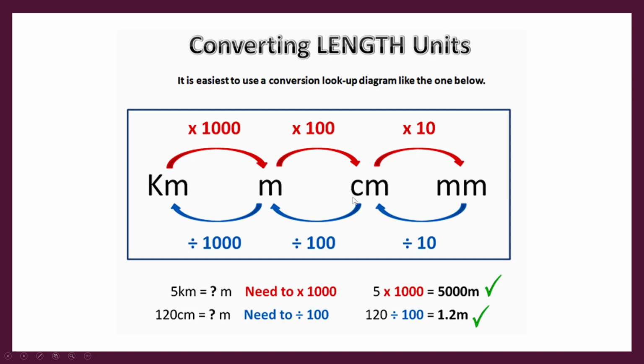If you want to get the number of millimeters in a centimeter, multiply the centimeters by 10. If you want to convert the other way, reverse the order: take the millimeters and divide by 10, which is going to give you a big long number. Take the number of centimeters and divide that by 100, and that'll give you the number of meters, and take the number of meters and divide them by 1,000, and that'll give you the number of kilometers.